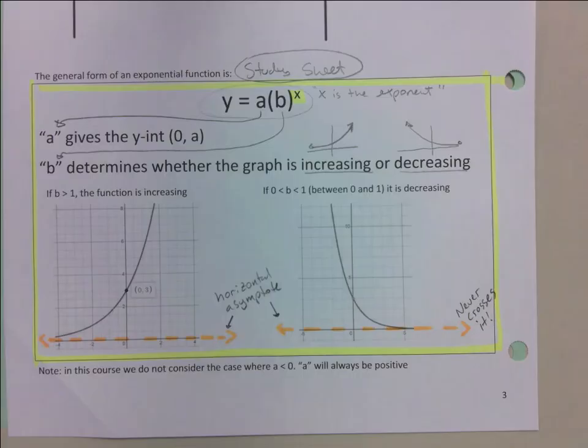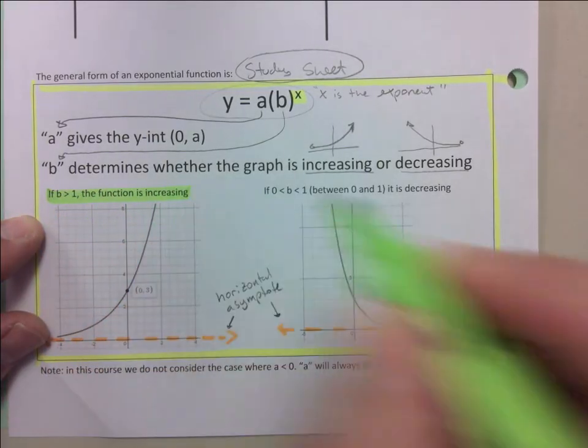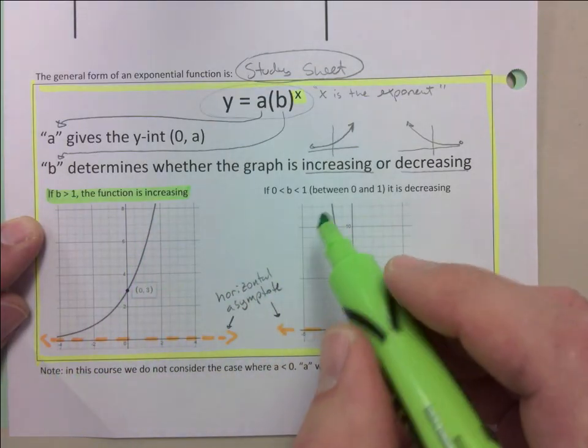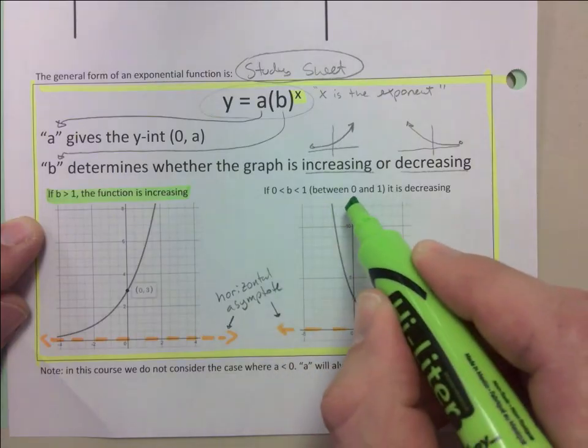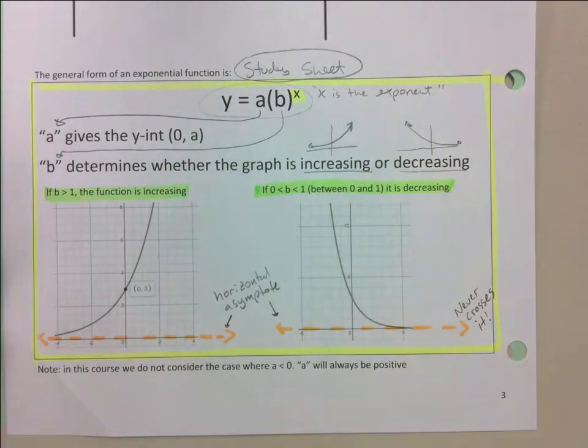Okay. And I do think that you should definitely have that if b is greater than 1, it's an increasing function. You have this from left to right. If b is between 0 and 1, it is going to be decreasing.